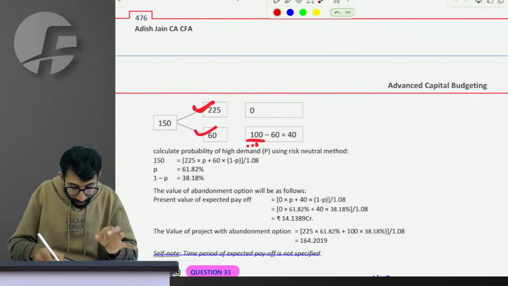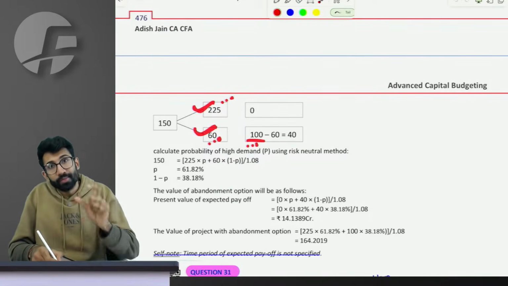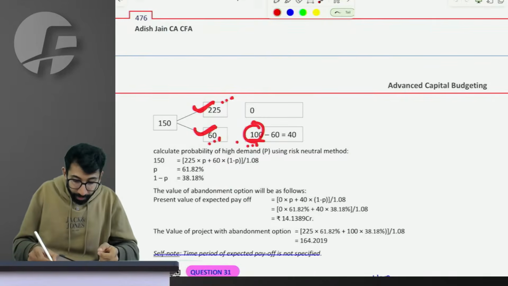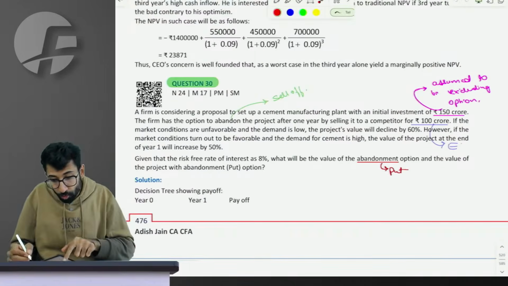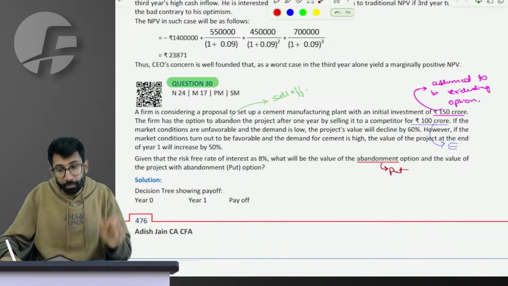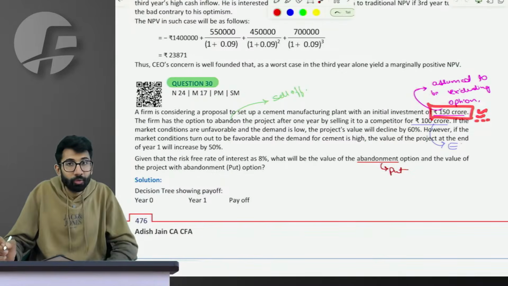If the price is 225, you'll have to sell it for 225. If the price is 60, you'll have to sell it at this price. Agreed? If you want to sell it for 100, irrespective of the price in the market, then you will have to also buy a put option, an abandonment option, along with the price of 150. In that case, how much amount will you pay?